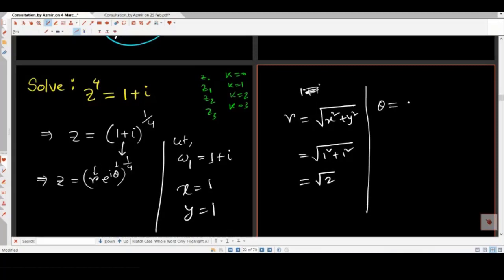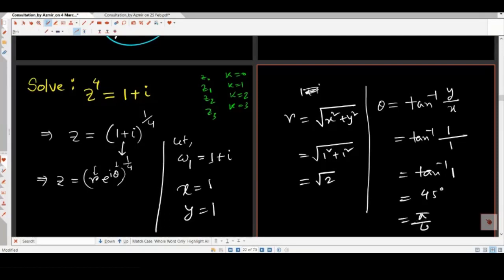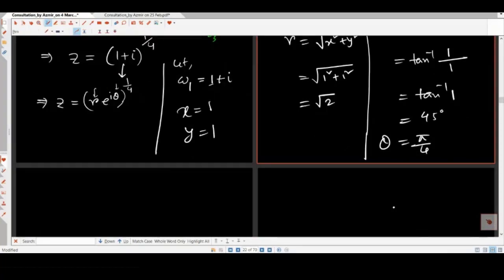The argument theta goes with the formula tan inverse y over x. So y is 1 and x is 1. So tan inverse 1 is 45 degrees, that is pi over 4. So this is our argument theta.